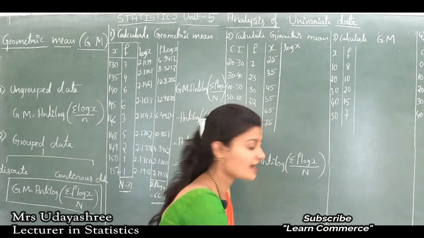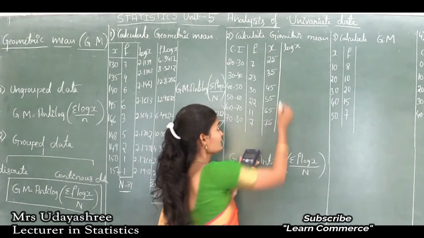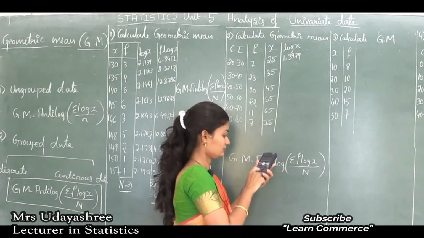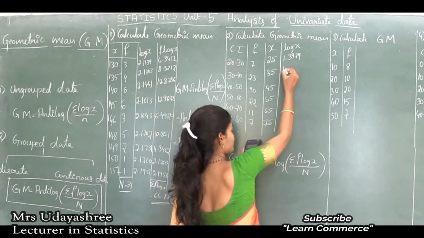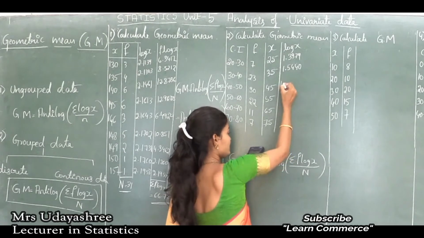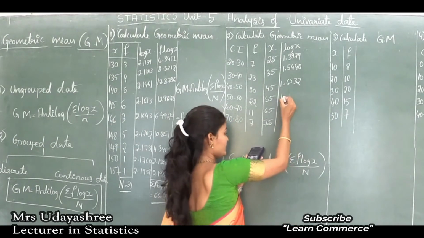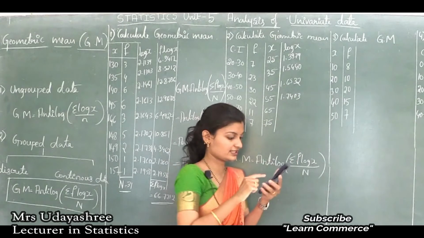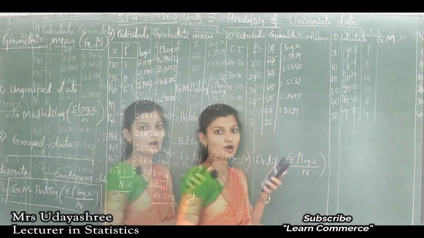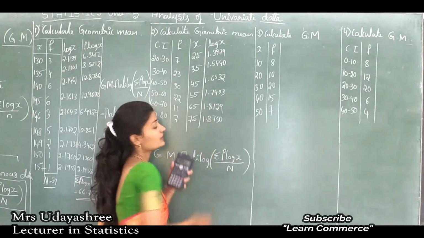Here x is 25, so log 25 is 1.3979, then log 35 is 1.5440, then log 45 is 1.6532, then log 55 is 1.7403, then log 65 is 1.8129, then log 75 is 1.8750. So now we have the log x terms.